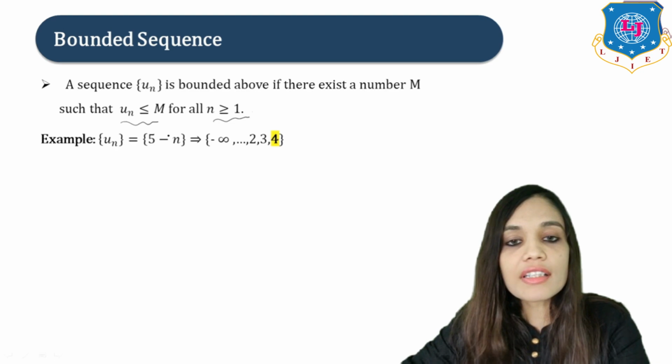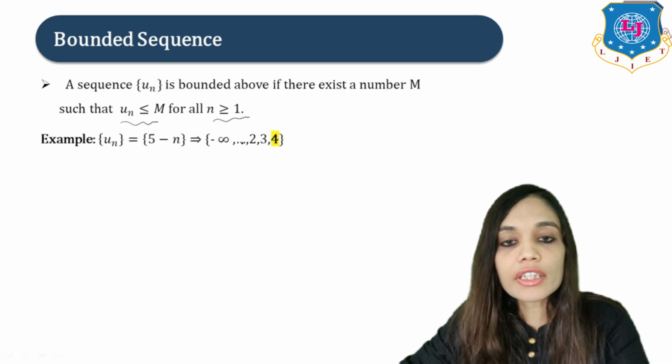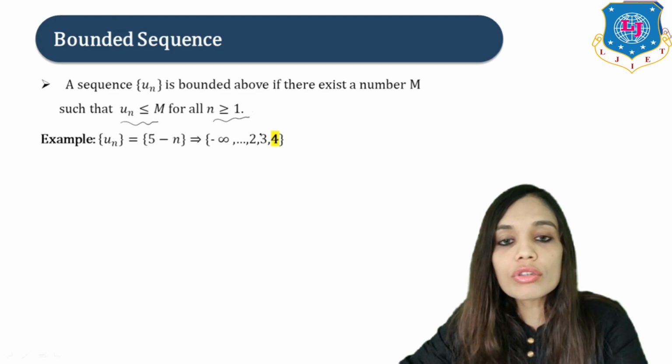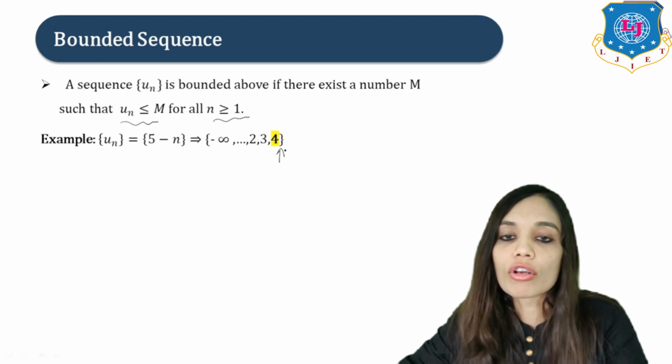Now if you replace the values of n, you will get minus infinity and so on, 2, 3 and 4. This sequence will end at 4 because if you substitute 5 in this, you will get 0. So this sequence is bounded above by 4.